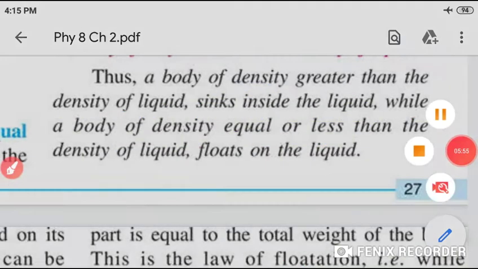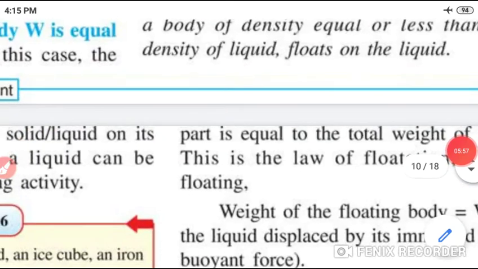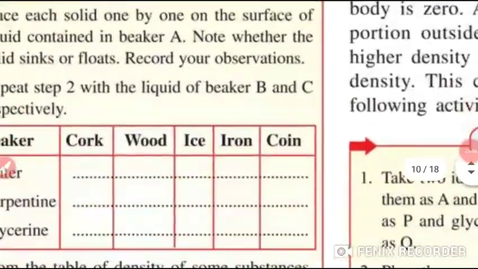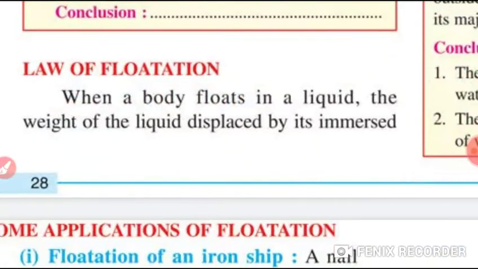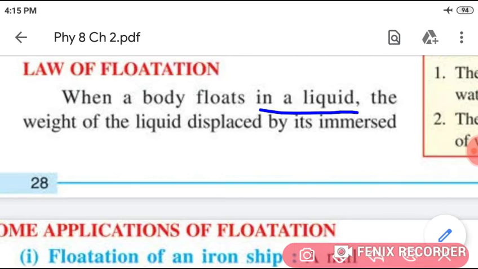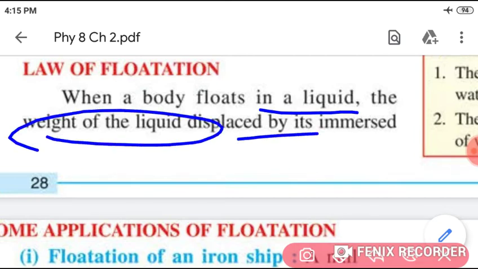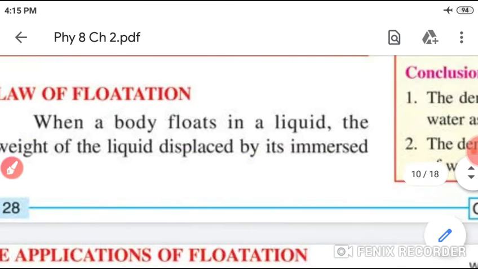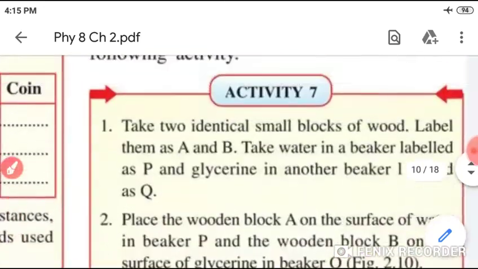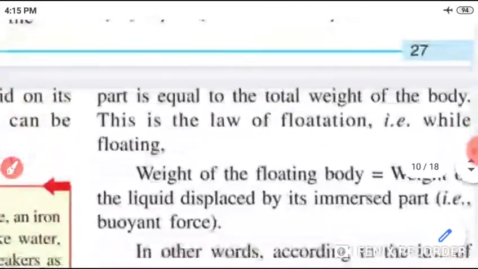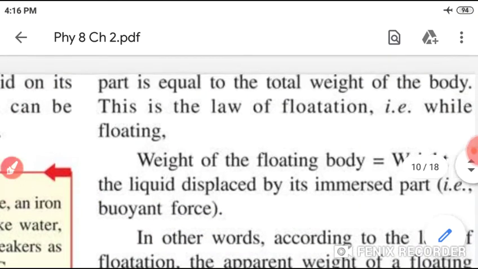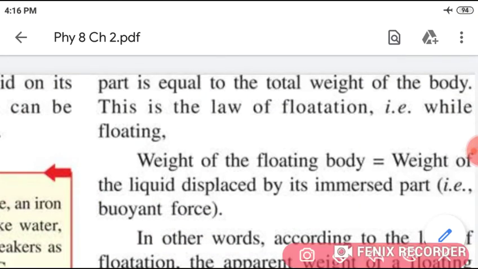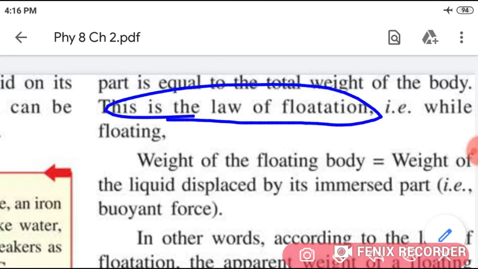Okay, students, now see the law of flotation. What is the law of flotation? When a body floats in a liquid, the weight of the liquid displaced by its immersed part is equal to the total weight of the body. This is the law of flotation.